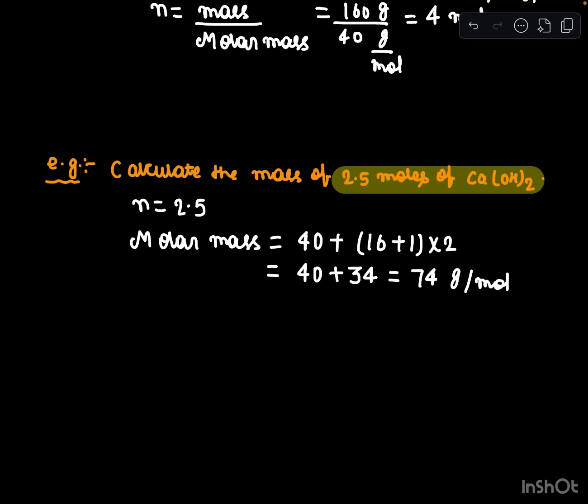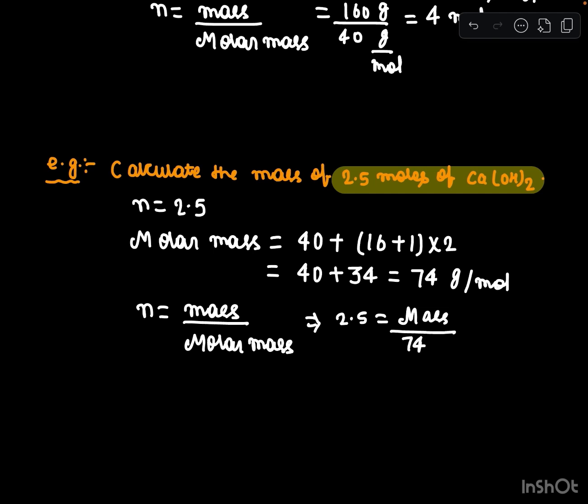Now number of moles equals mass by molar mass, and we have to calculate the mass. The number of moles is given as 2.5, equal to mass divided by molar mass, 74.